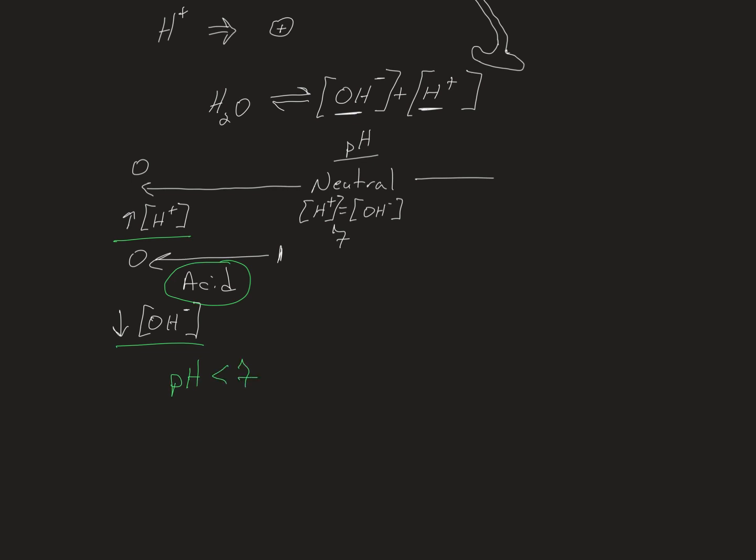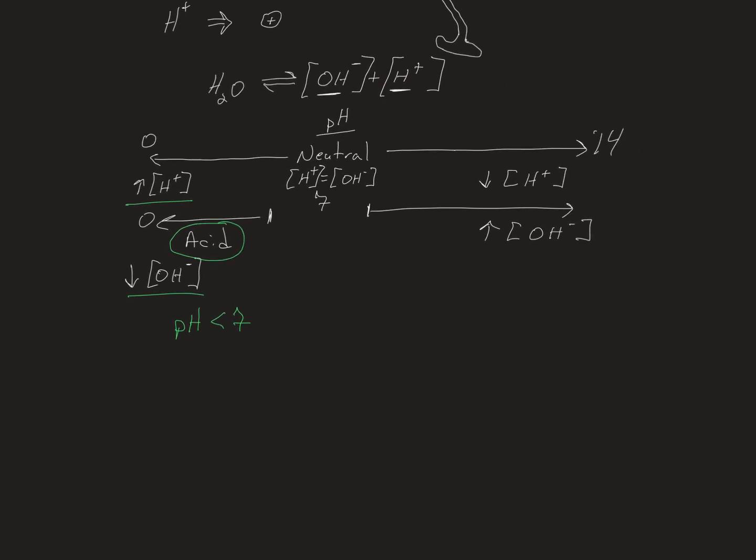It's an acid. Now, the opposite is true in the other direction. So when you go all the way up to number 14, anywhere from 7 to 14, we have a low hydrogen ion concentration and a high OH negative concentration, hydroxide, one of those functional groups I told you about.